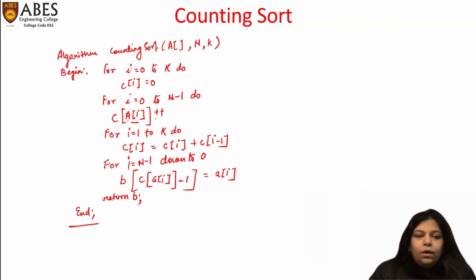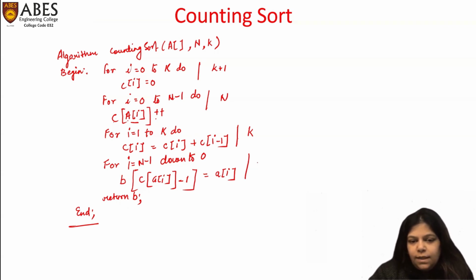Right. Now, let us analyze this algorithm. The first loop will work for k plus 1 times, the second will work for n times, the third loop again will work for k times, and the last loop will work for n times. So the total number of iterations taking place is 2n plus 2k plus 1, right?